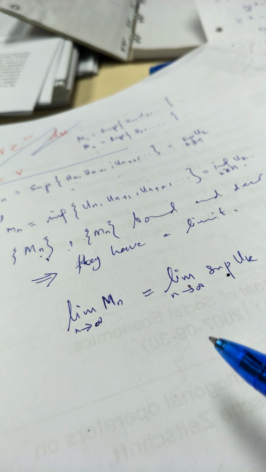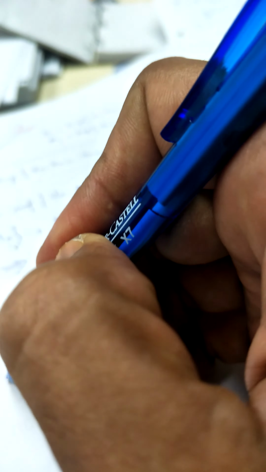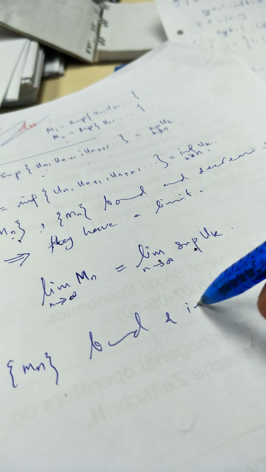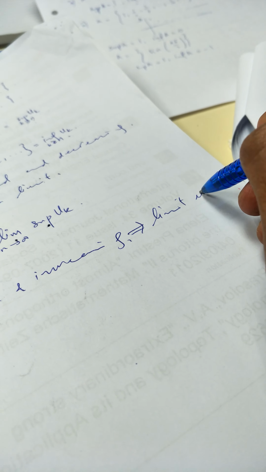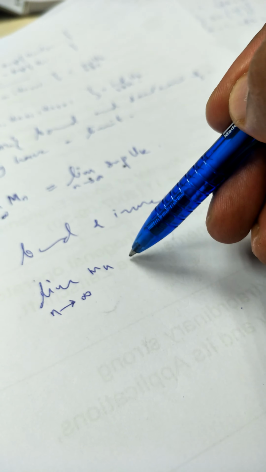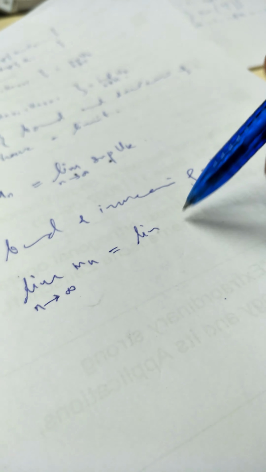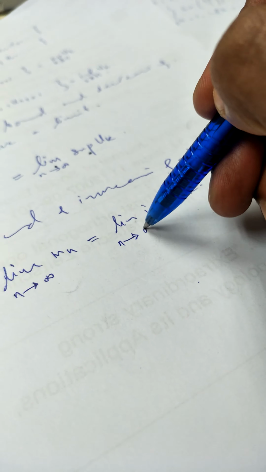We can do the same for the infimum. If m_n is bounded and increasing, which means the limit exists, then we can write the limit of m_n as n goes to infinity, which is the limit of the infimum of u_k as n goes to infinity.